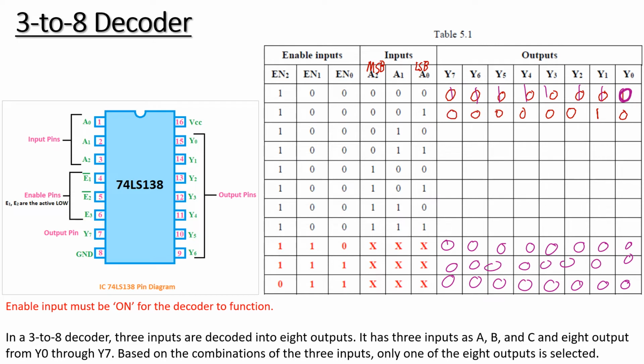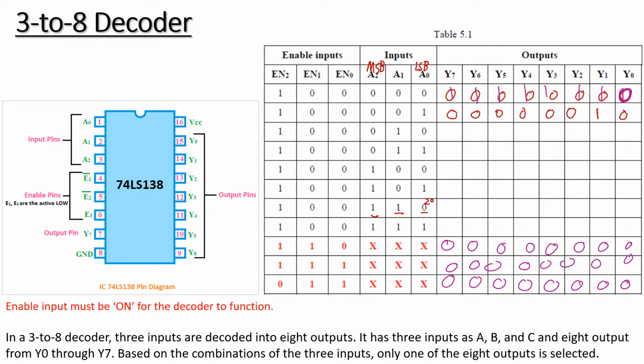Let's see another example where A2 is equal to 1, A1 is equal to 1, and A0 is equal to 0.